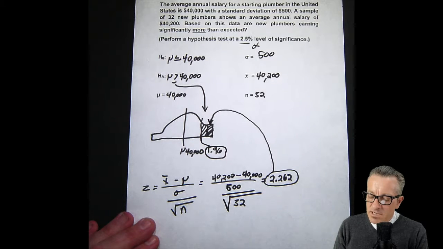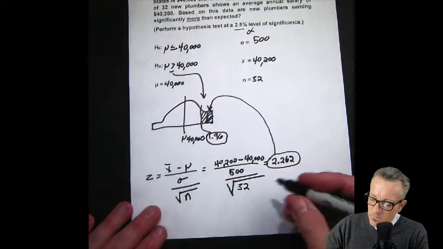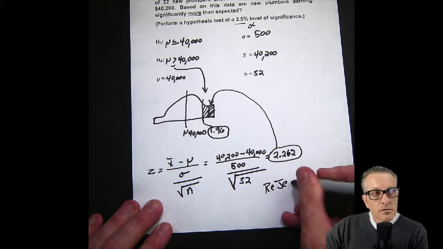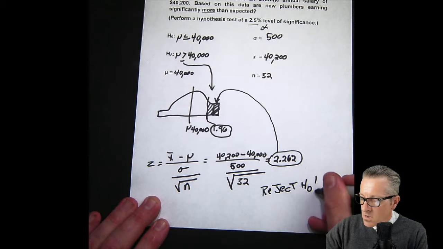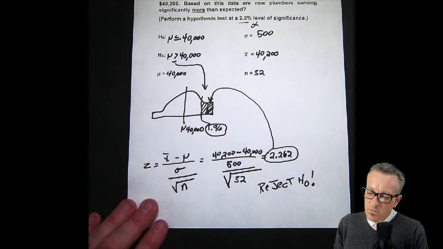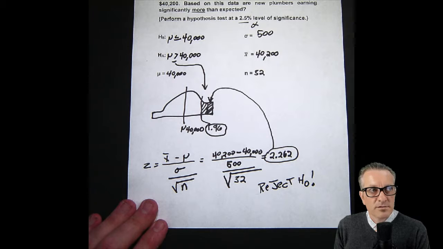So we would reject the null hypothesis, H0, and we would say that it appears that the plumbers in the United States may be making more than 40,000, but we would have to do more testing.